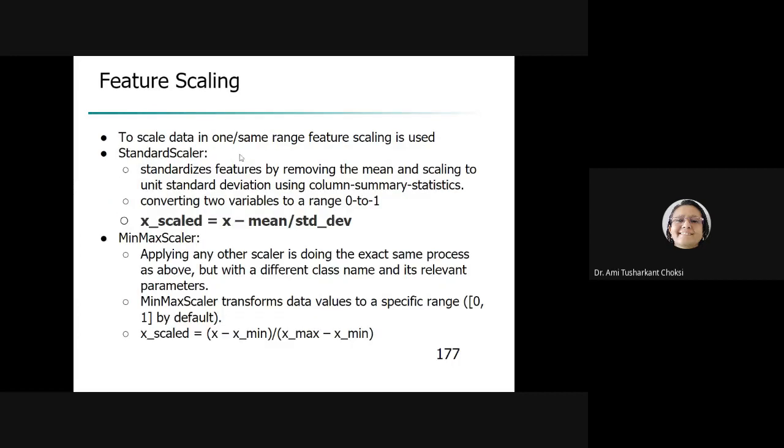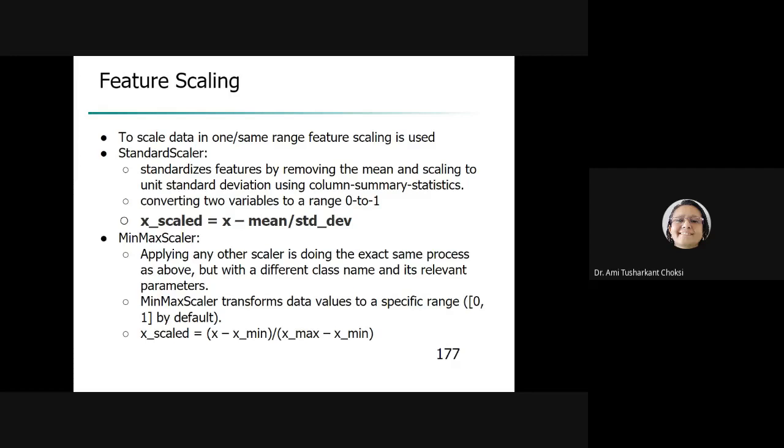Now, feature scaling. To transform the data, we can have feature scaling. So what do we do and how do we do it, let us check it out. To scale data into one or the same range, feature scaling is used. So how do we do that?